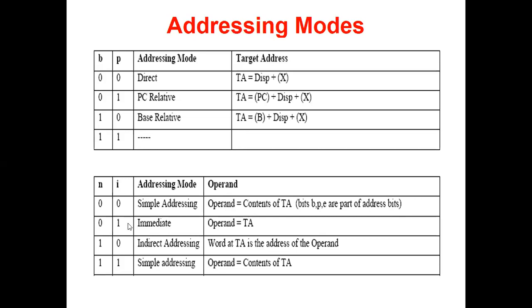When N is 0, I is 1, it is immediate addressing. The target address itself is the required operand. Anyone with I is 0 is indirect. And you remember indirect addressing, you have a target address. Then the contents of the target address are also an address to another memory location whose contents you will take. And then anyone with I is 1, that is also simple addressing. The contents of the target address is the required operand.